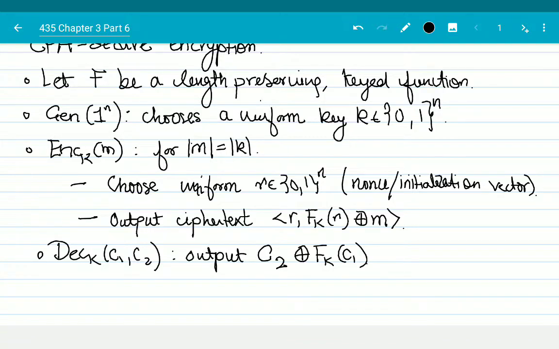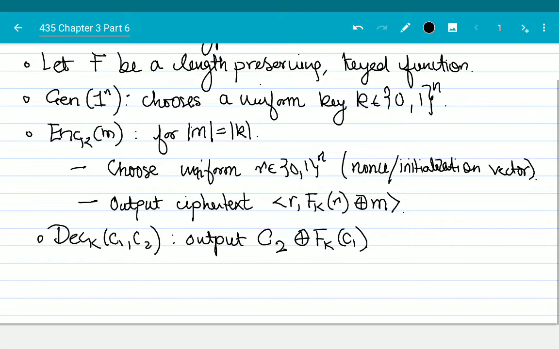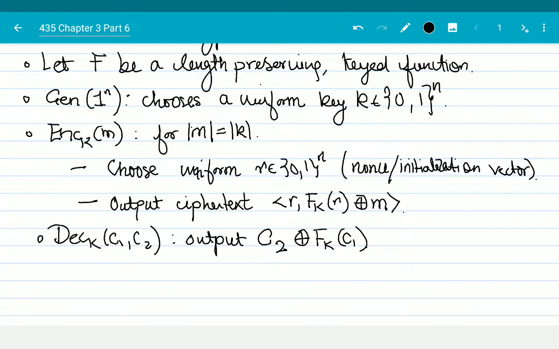So as long as both sides know the key, this is going to be perfectly valid, and it is easy to check that it is correct. Correctness is immediate.